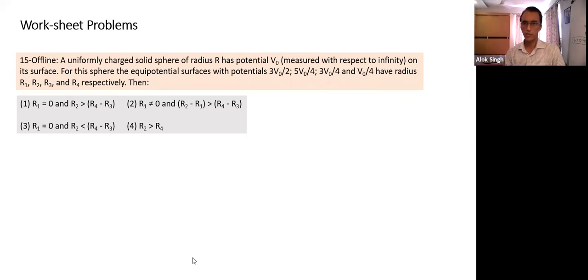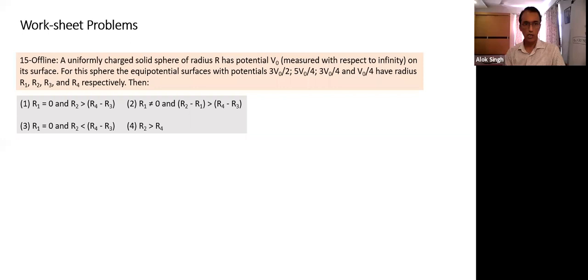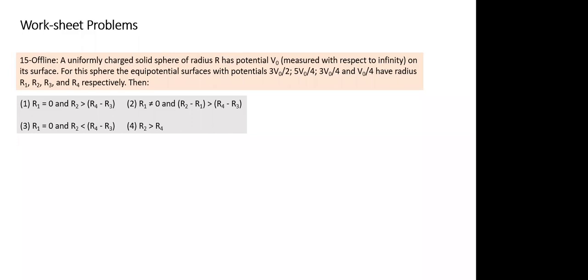Which option is it, Disha? There are 4 options given. Third option. So you're getting the third option. How about Preetham? Which option do you think is correct? I think option 2, sir. Akash? Option 3. Alad?